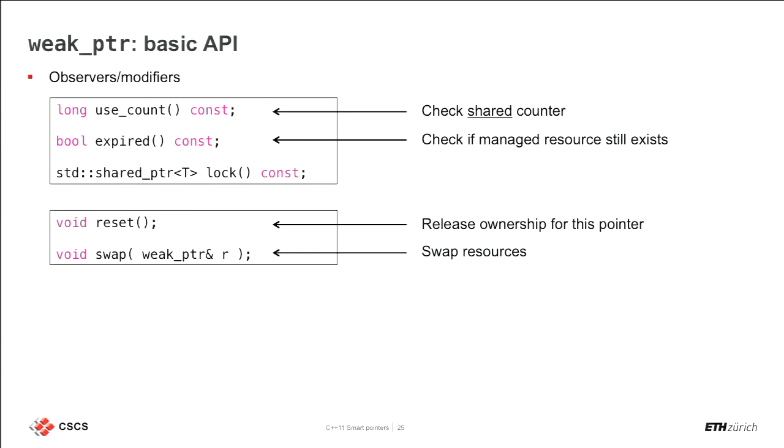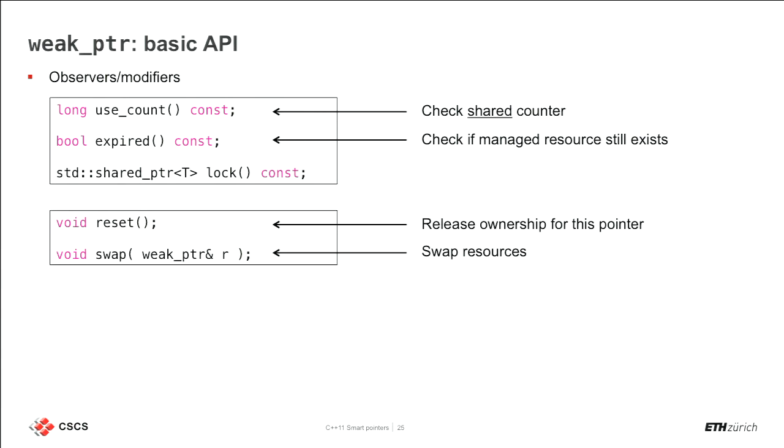You can check with this method if the weak pointer is still valid or not, which means that it returns true when all the shared pointers pointing to a given memory location have been destroyed, so that the resource is no longer here. And it means that the weak pointer is expired, which means that it is pointing to null pointer. And then we have two other methods that allow you to reset the weak pointer so that it will point to null pointer, or to swap the resource pointed by two weak pointers.